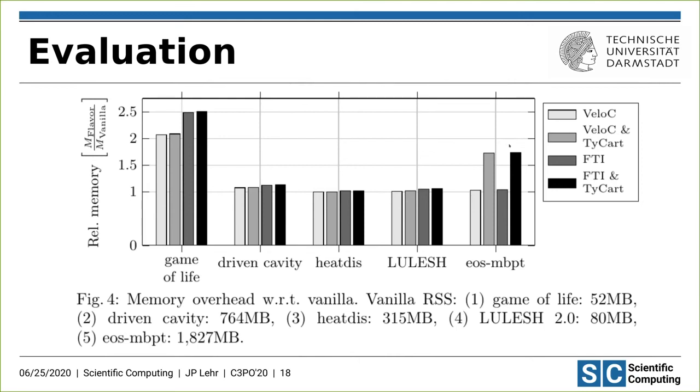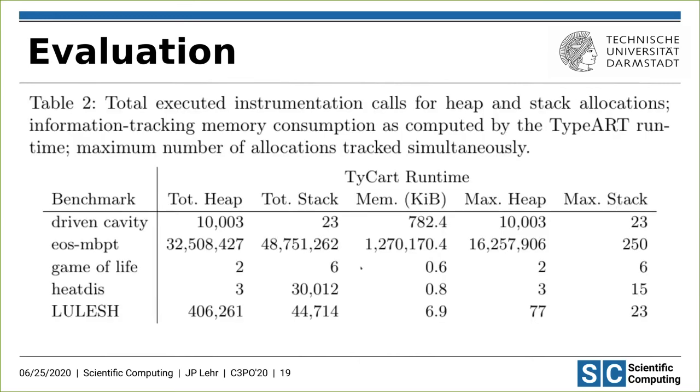We capture a number of runtime statistics as well. If we look at those, we see the reason for the significant runtime overhead in the EOS MBPT app, because we have to invoke the instrumentation functions roughly 32 million times for the heap allocations and roughly 50 million times for the stack allocations.